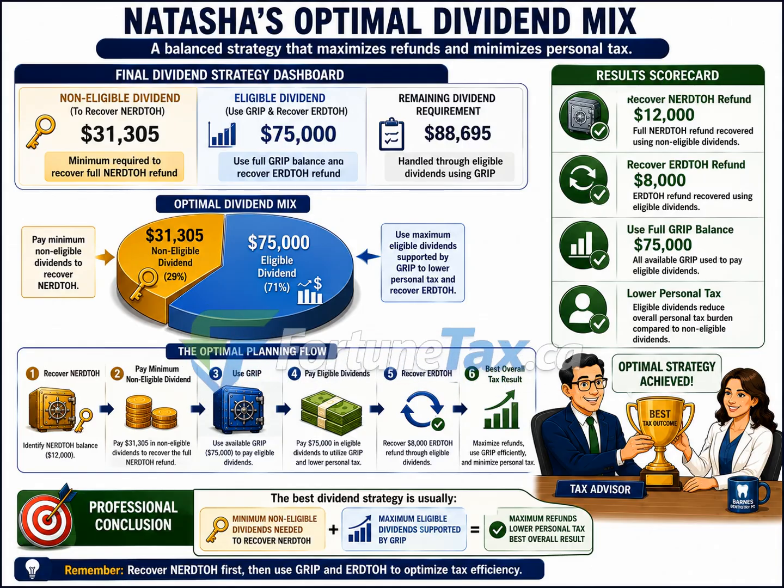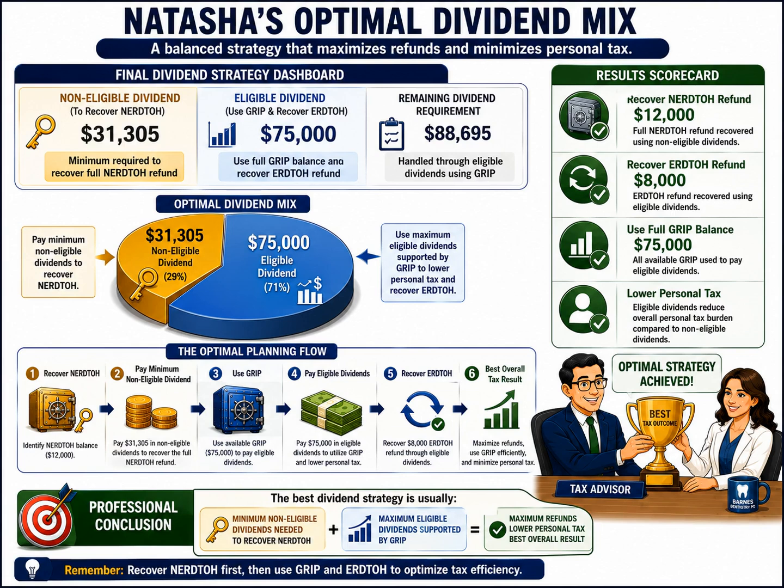So the second component of the strategy is to pay $75,000 of eligible dividends. This uses the entire GRIP balance efficiently. At the same time, those eligible dividends help recover the corporation's ERDTOH balance of $8,000. This is possible because ERDTOH is flexible and can be recovered through eligible dividends.